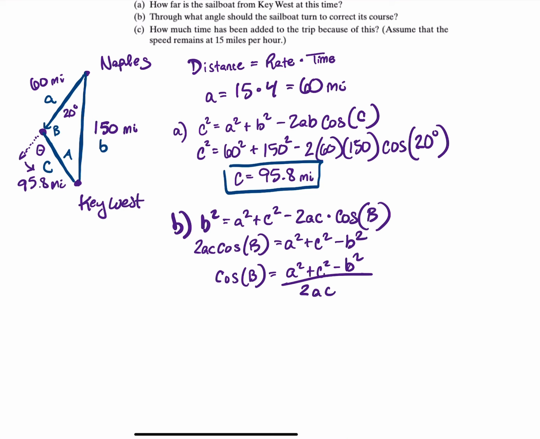Then I'll take the inverse cosine of both sides, so B should be equal to the inverse cosine of, and this will be 60 squared plus 95.8 squared minus 150 squared, all over 2 times 60 times 95.8.